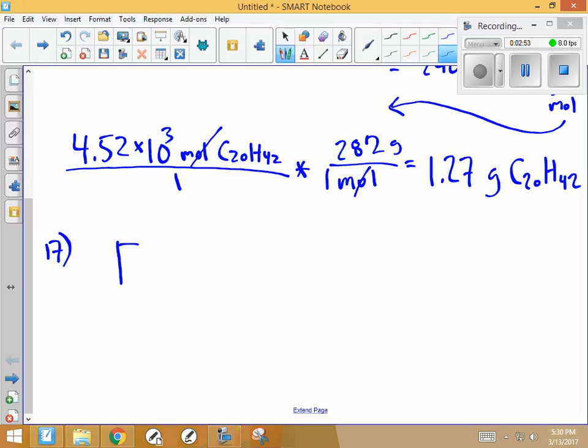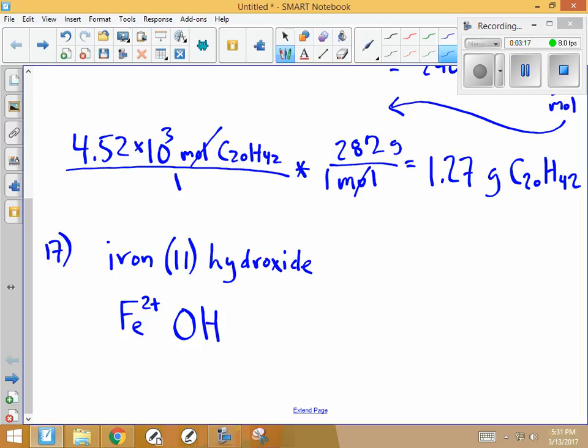Number 17, we're told to calculate the mass in grams of 2.5 moles of iron 2 hydroxide. A little bit of practice here. It gives us a chance to practice our ionic bonding and polyatomic ions again. Iron 2 means that we have a +2 oxidation. And hydroxide, we know it's OH, and it's a -1.